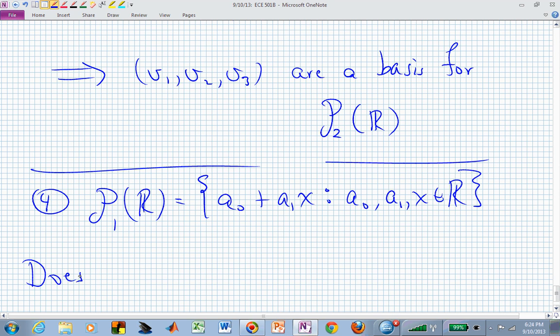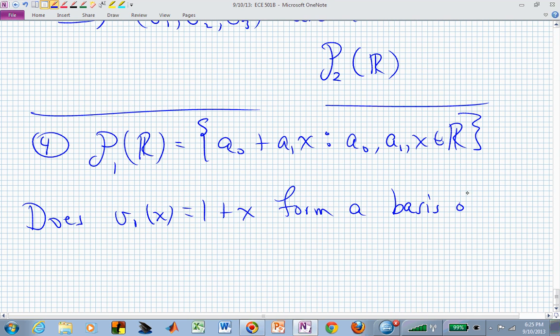Now we might say, does the following vector v1 of x equal to 1 plus x form a basis of P1 of the reals?